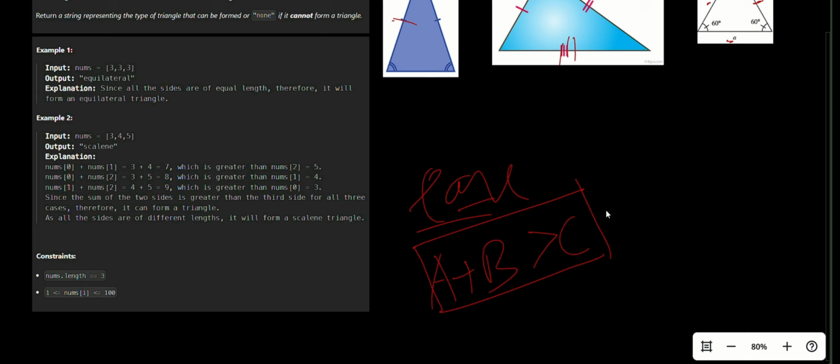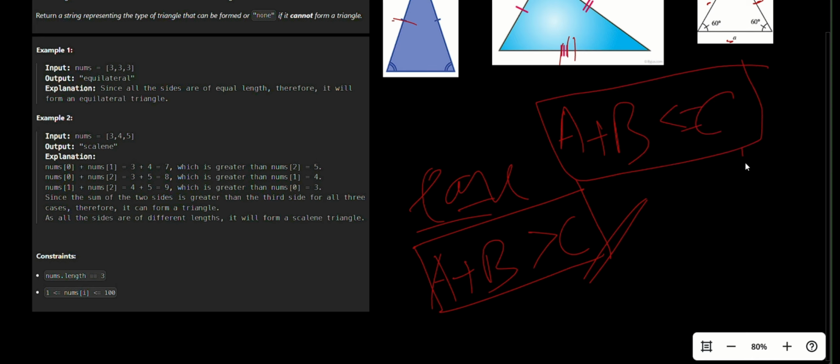This is a very important property of any triangle. If in any case a plus b is less than or equal to c, then we will say that the triangle is invalid. So this property is very important.